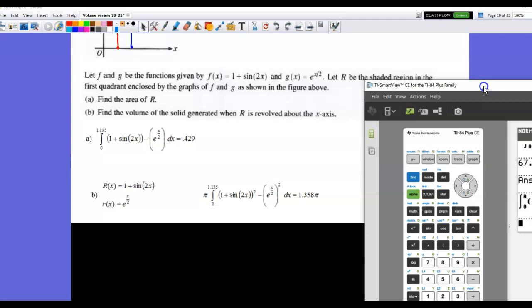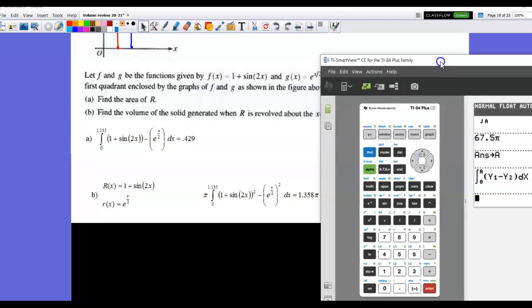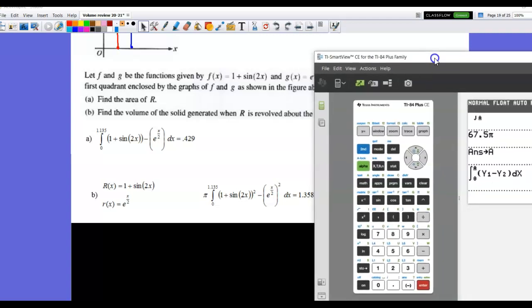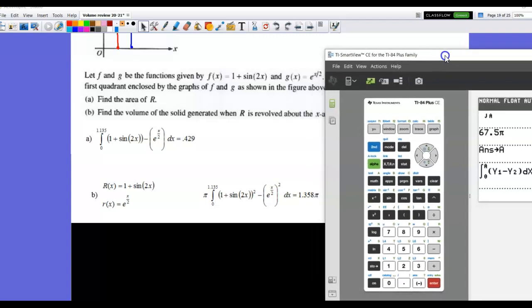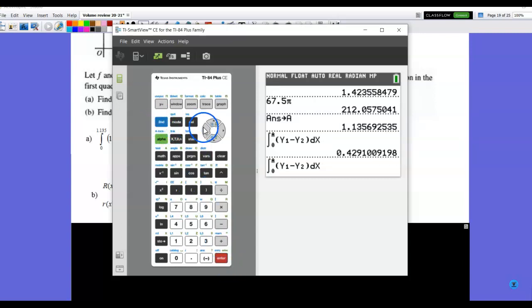Maybe I'll type this one in just because it has the squares on it. It's not that complicated, because you're simply going to do y1 and y2. I'm going to bring back the last integral that my calculator dealt with for me. I'm going to insert, second insert, and put the pi in front. I'm going from 0 to a, same bounds, and big R is y1.